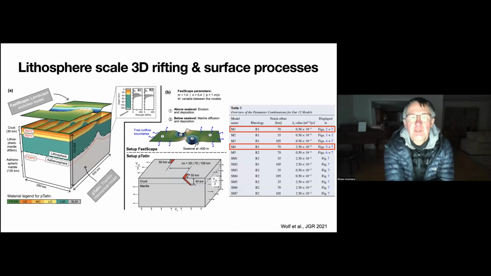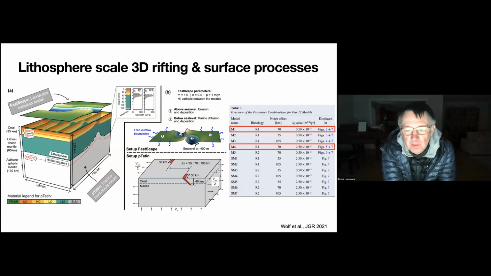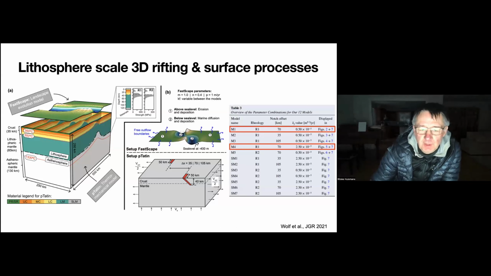So here is the setup of these more recent set of models. We have a model domain here in the center with two inclined seats. We used inclined seats because basically we want to see the inner normal faults.